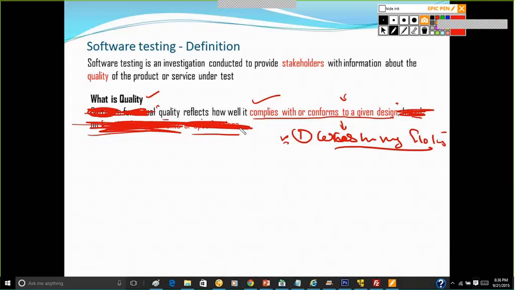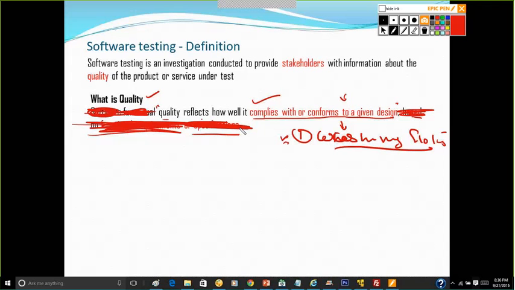No company calls the customer and asks the requirement. Simple. They don't do that, because if I ask 10 customers, I will have 10 different opinions. So no company does that.